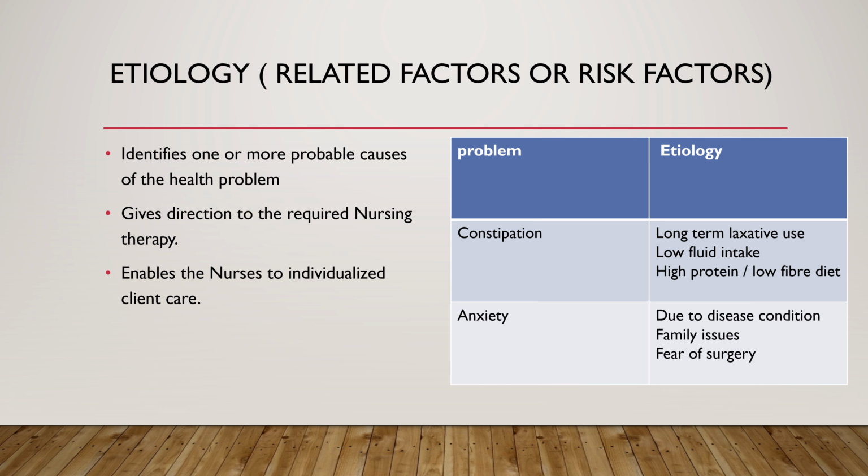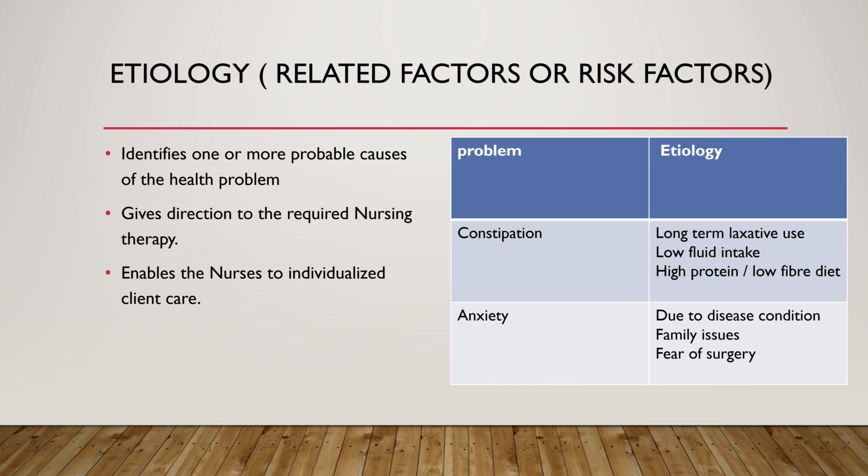Let me explain this. For example, we have a problem or diagnostic label like constipation. We have three patients with the same problem, which is constipation. All three patients have the same diagnostic label, but when we explain the etiology, the causes may vary.